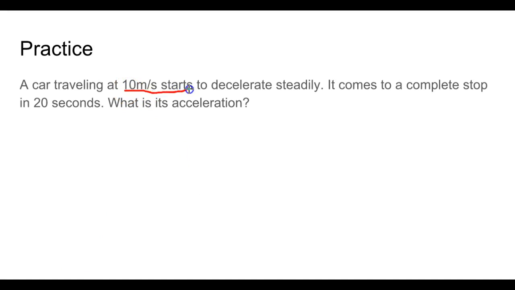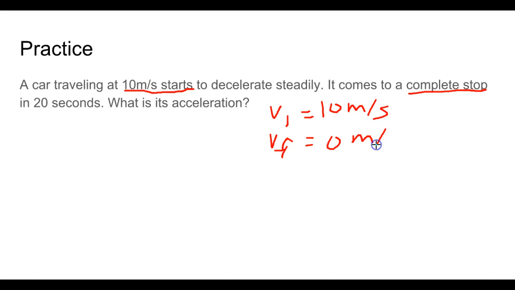So my first known is that's a starting velocity, so I could say my VI equals 10 meters per second. It comes to a complete stop. So if it stopped, the velocity is 0. So my final velocity equals 0 meters per second.